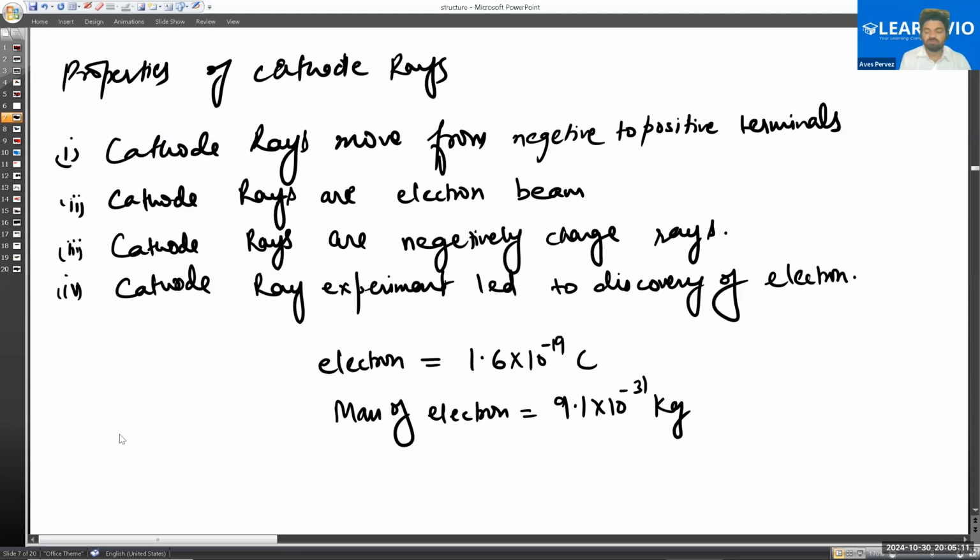Note one more. Note it fast. Cathode rays move from negative terminal to positive terminal. Cathode rays are electron beams. Cathode rays are negatively charged.